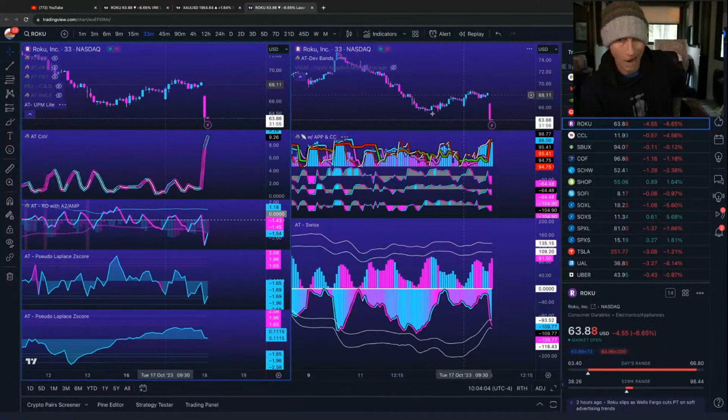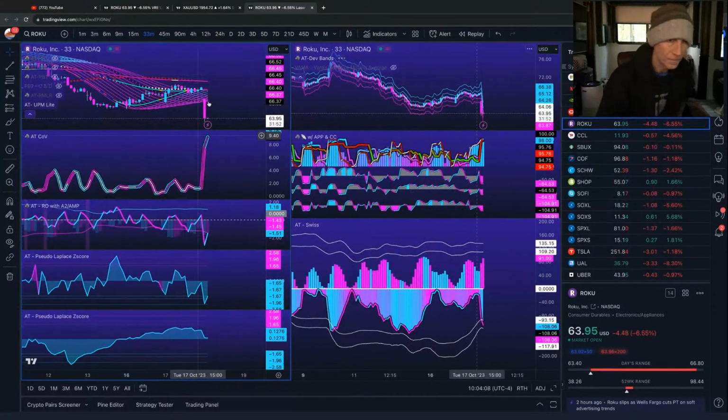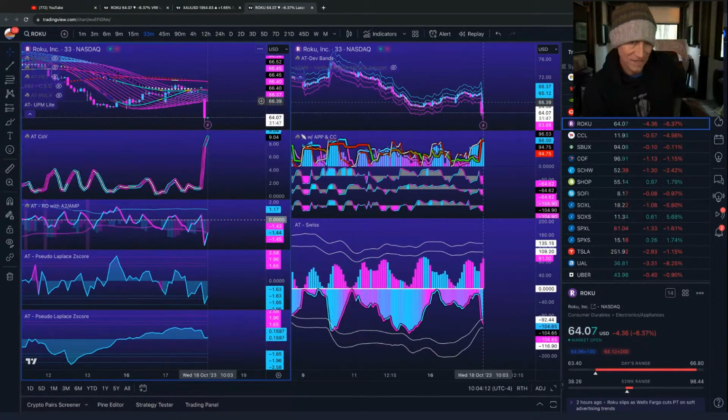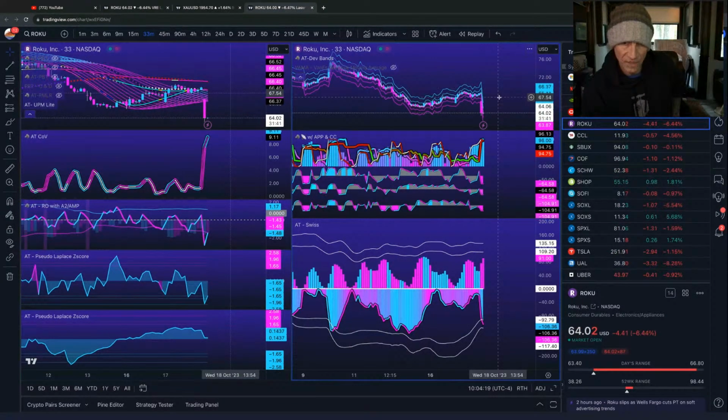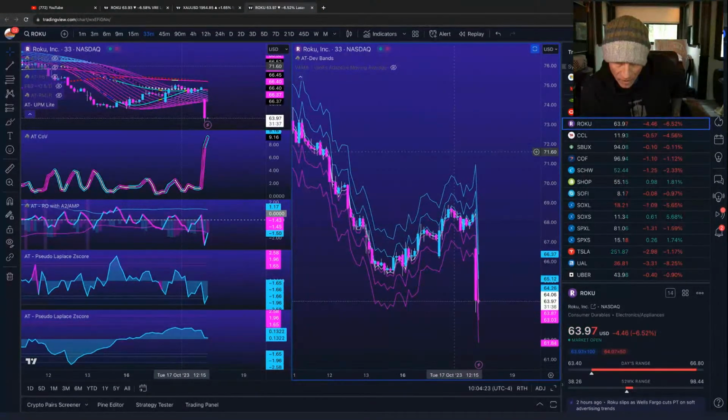This thing, wow. I want to see these bands populate real quick. Here's the bottom side of the power mean band, 66.4 area. Wouldn't be a bit surprised. Usually you get moves like that. Let me spread this out a little bit.